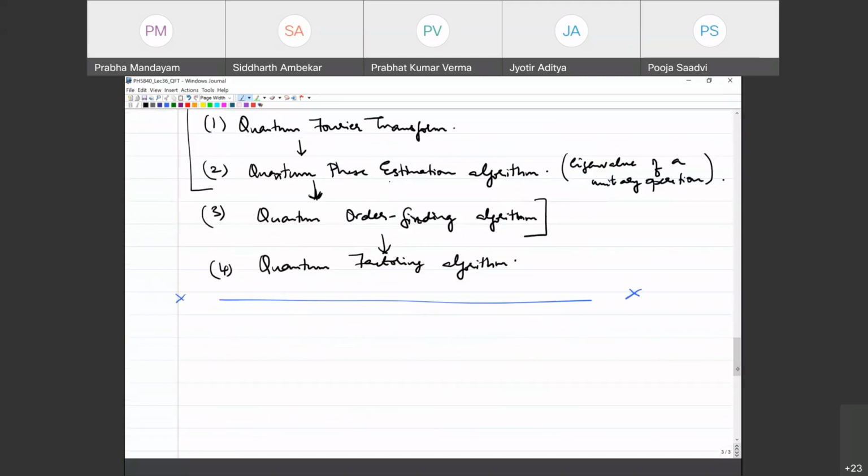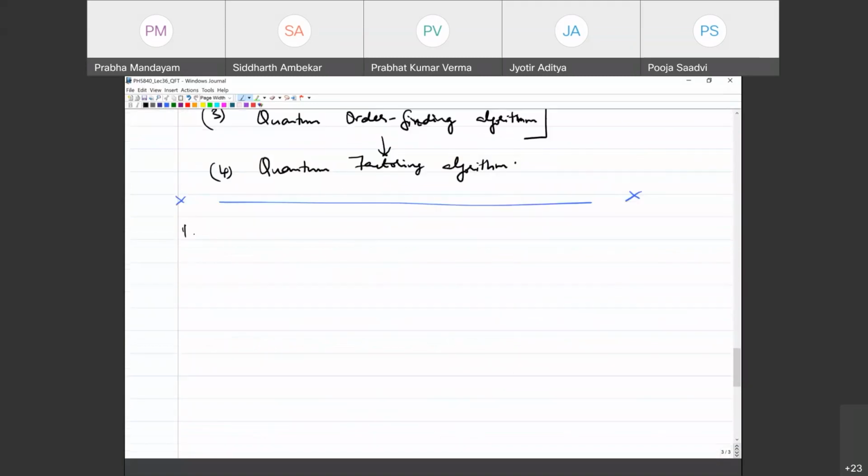So let's first recall the discrete Fourier transform. The input, if you wish, to a discrete Fourier transform is some string of this form, right? It's, let me just say, x0, x1, x2, etc., xn minus 1.